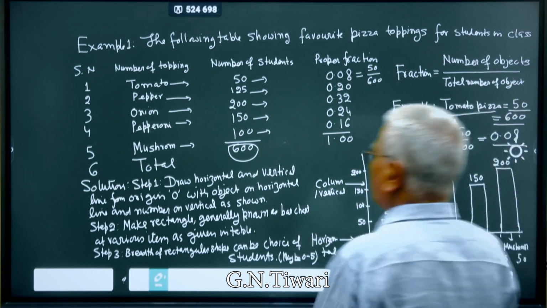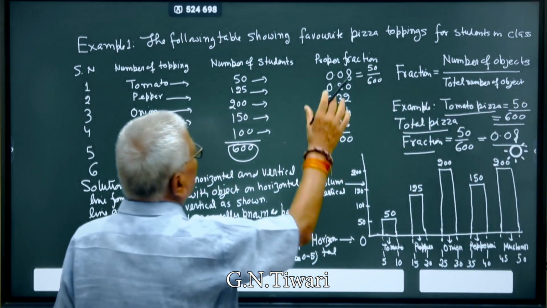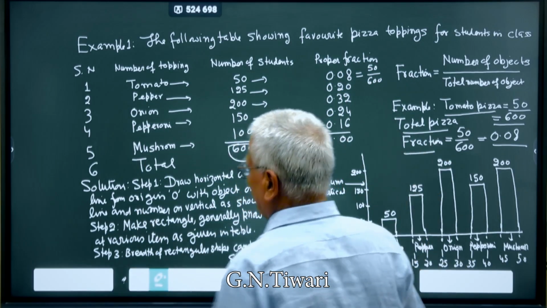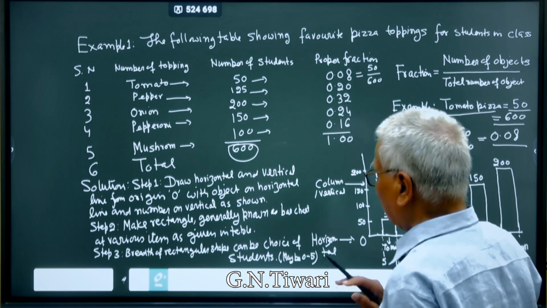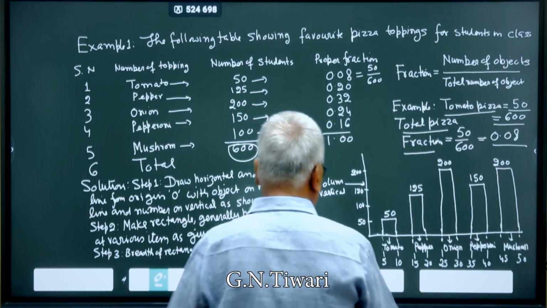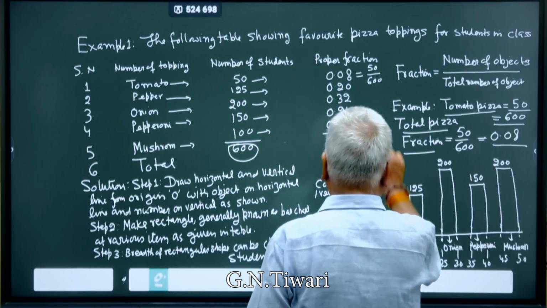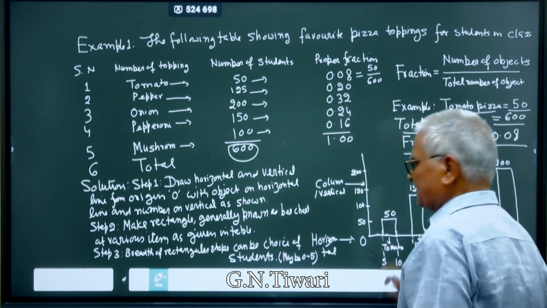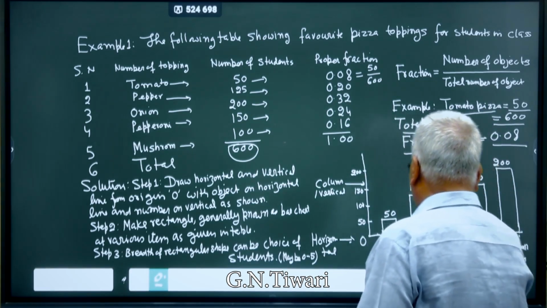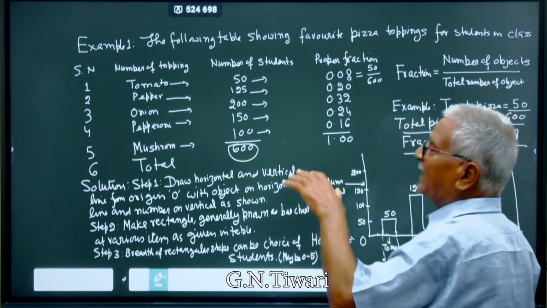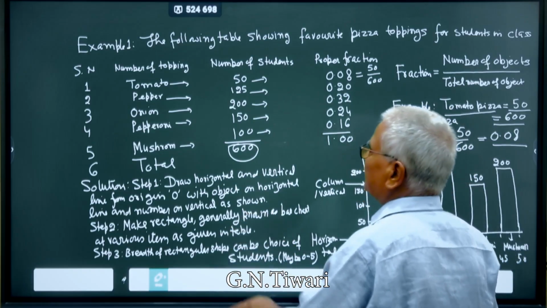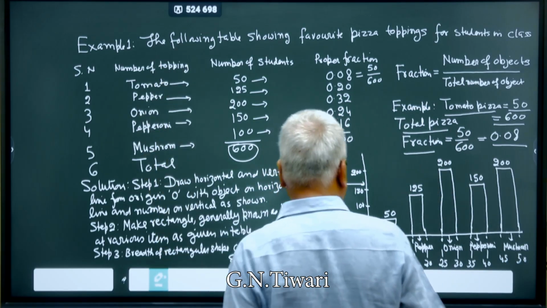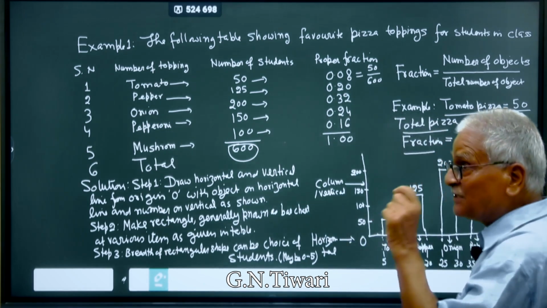Now, second point is how you can draw the vertical bar diagram. Bar diagram means rectangle. Step 1, draw a horizontal and vertical line. As mentioned, start from origin. Here, as far as horizontal is concerned, we are going to place tomato, pepper, onion, 5 items. And 5 items doesn't mean a point.